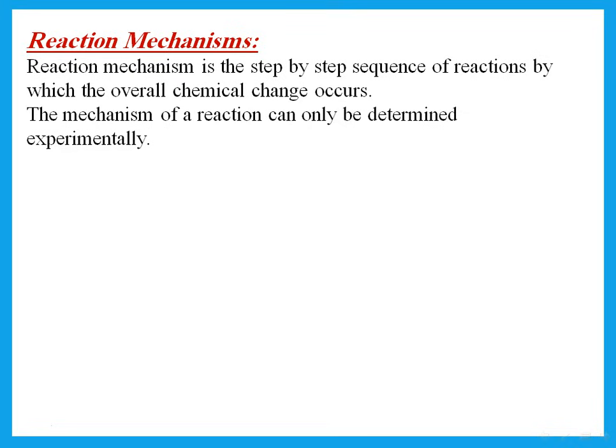Okay, reaction mechanisms. What is a reaction mechanism? It is the step-by-step sequence of reactions by which the overall chemical change occurs. So usually when we write a reaction, it doesn't happen just in one step. Usually it happens in more than one step, and the mechanism can be determined experimentally.